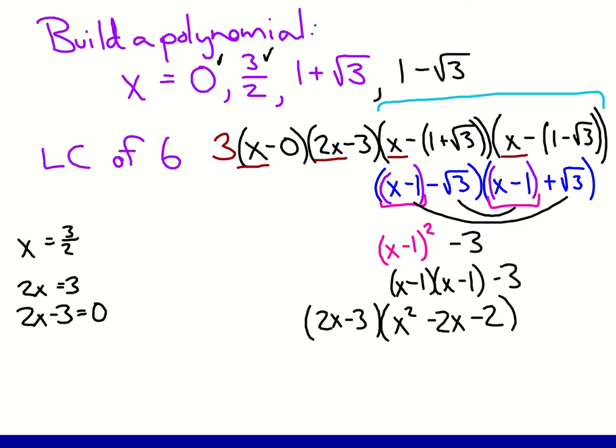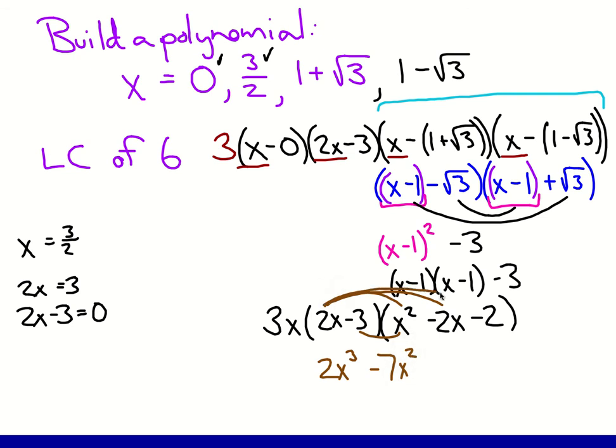I still have a factor of 2x minus 3, a factor of x, and a 3 that I'm going to need for that leading coefficient of 6. Let's expand the binomial times the trinomial. That would give me 2x cubed, then minus 4x squared and minus 3x squared, so that's minus 7x squared.